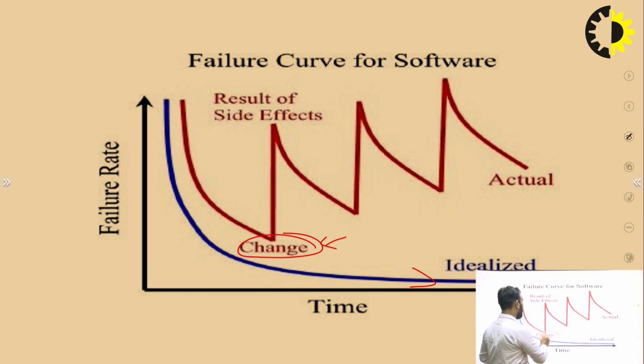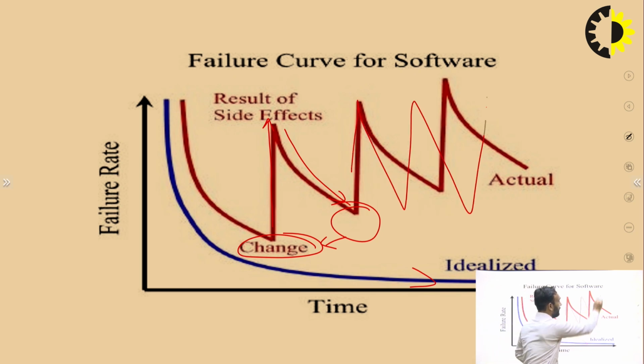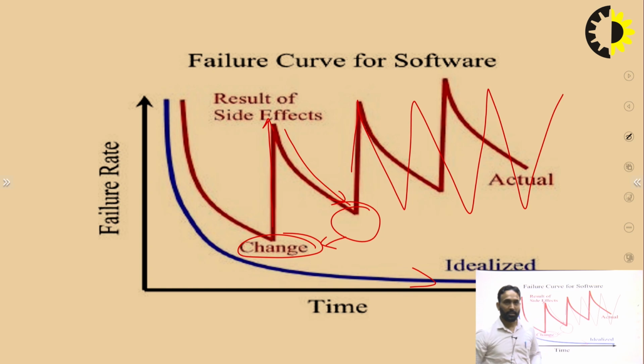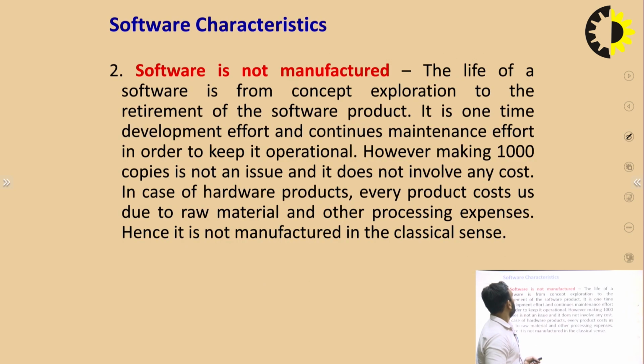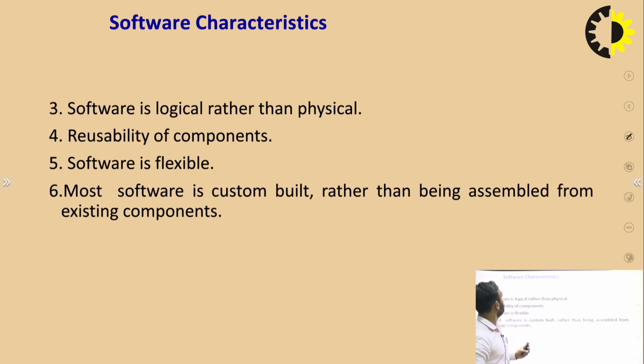So the failure rate will increase. After installation, that will decrease again. Then another change will be encountered, and so on. So in real life, it will go in a zigzag manner. As I said earlier, software is not manufactured, it is developed. So software doesn't wear out. These are the characteristics that differentiate software from other general products.